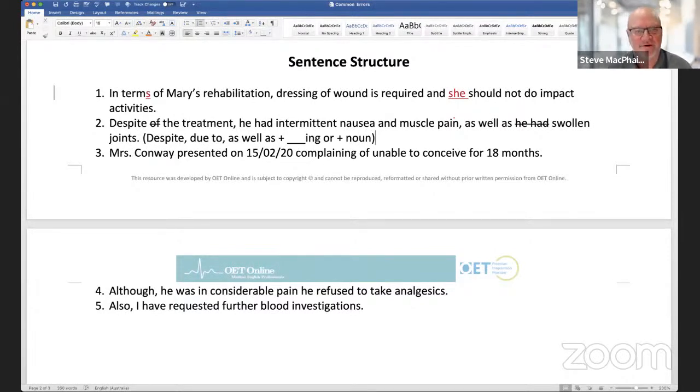That's the rule. But what people tend to do is they want to put a full clause with a subject, verb, object. No, we don't do that. We just put a noun. And that's why these words are very useful in OET writing, because it means we can write with a little bit more clarity and conciseness, but we need to know the rules associated with these words.